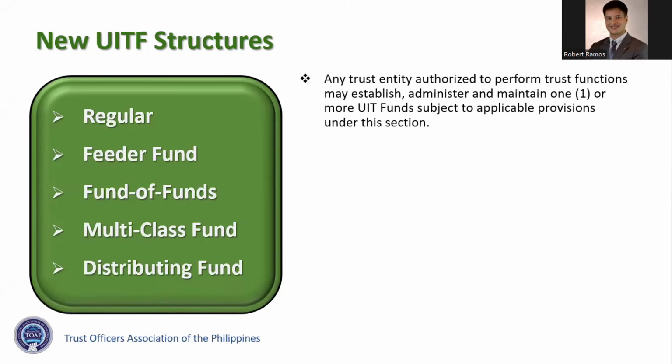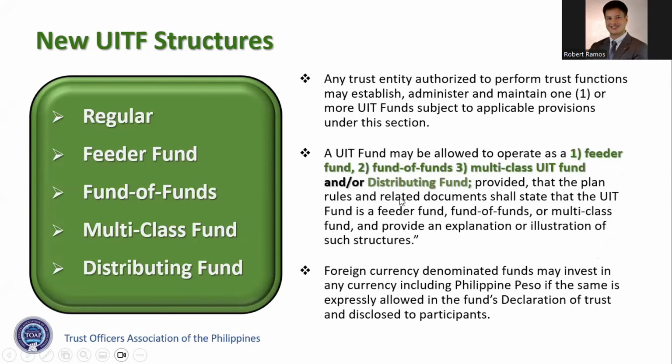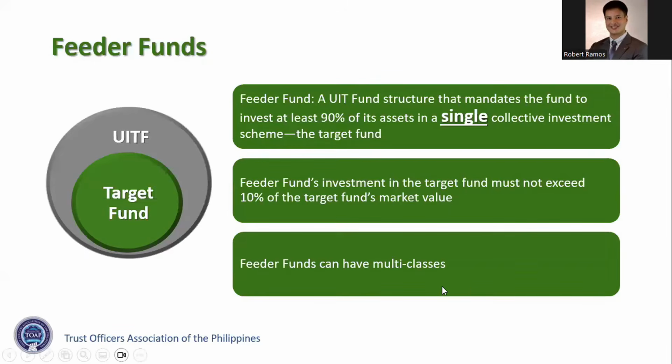So any trust entity may establish, administer, and maintain one or more UITF subject to the applicable provisions under this section. For a feeder fund, you have to invest at least 90% of your assets into a single collective investment scheme. Why 90%? Of course, the client wants to be able to experience the returns of that particular target fund.